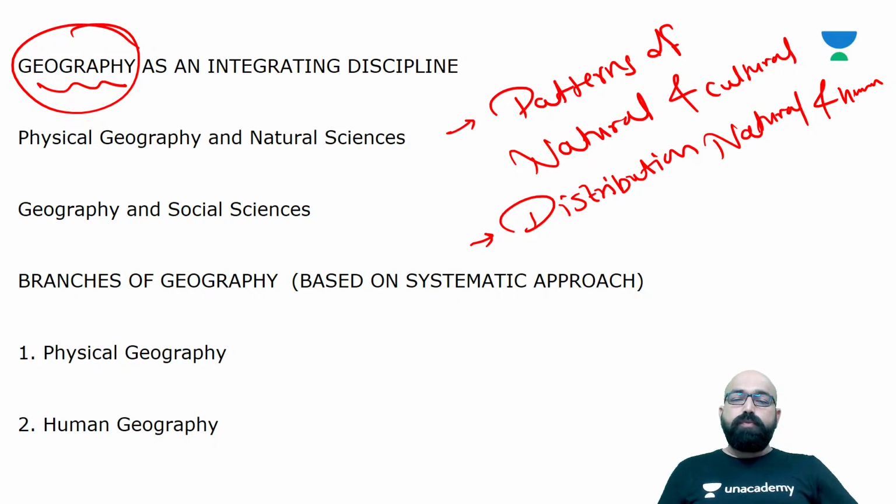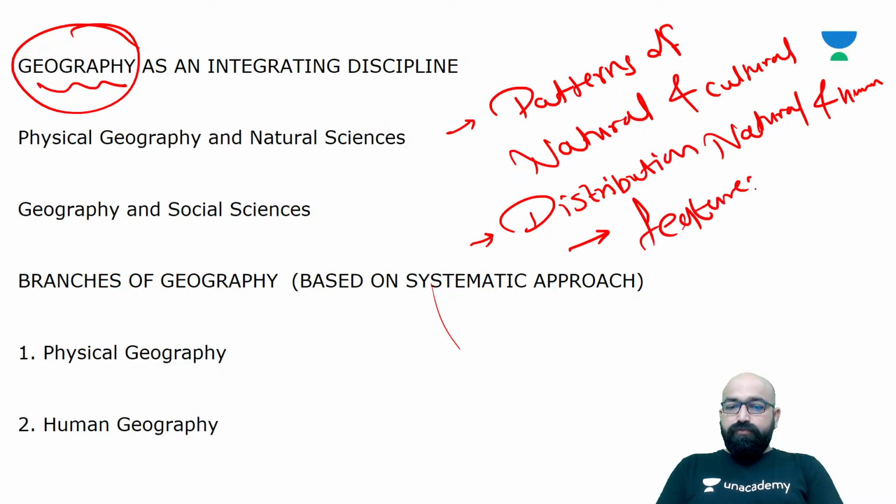These two patterns of questions did not make geography a scientific discipline till the third type of question, which is related to the explanation or causal relationships between features and the processes and phenomena.